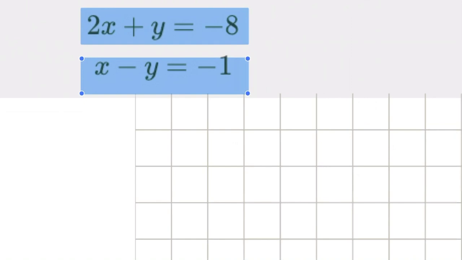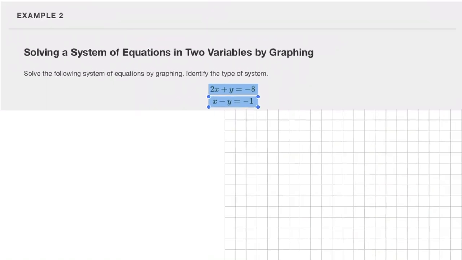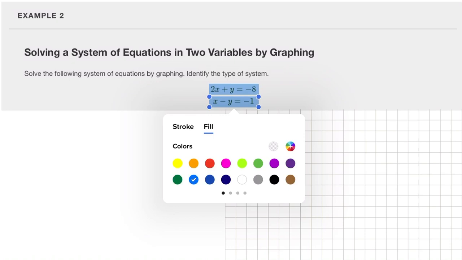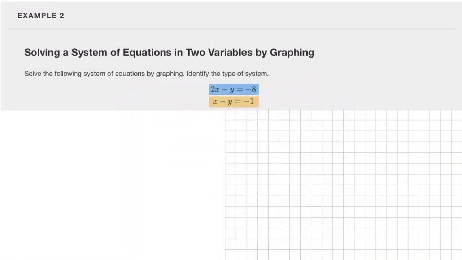Well, that's irking me. Thank you. Guess we can go orange.